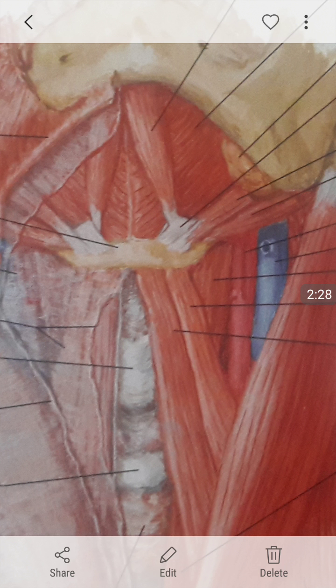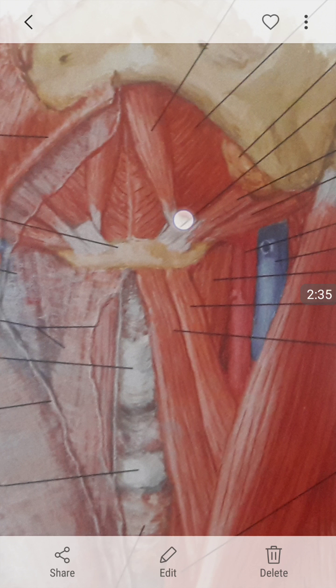These are the two anterior bellies of the digastric muscle. This muscle has two bellies. This is the anterior belly of the digastric muscle, here you see the posterior belly, and in the center we have the intermediate tendon. So there is a superior fleshy part, a posterior fleshy part, and in between a tendinous part, which is the intermediate tendon.